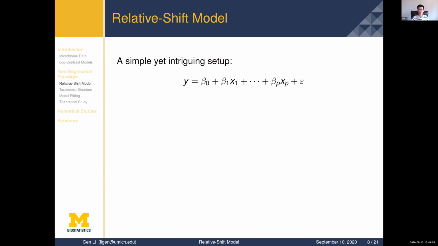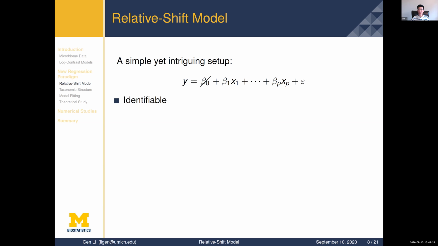We start from a very simple setup. Consider a simple linear regression of y on x1 to xp, a p-dimensional compositional vector. This is perhaps the simplest model that we can ever come up with, where x1 to xp are compositional, so they sum up to 1. But right away, you can see that this model is not identifiable because they are compositional.